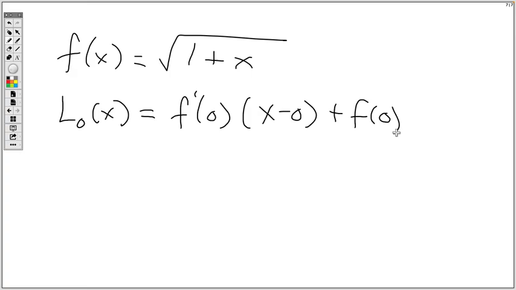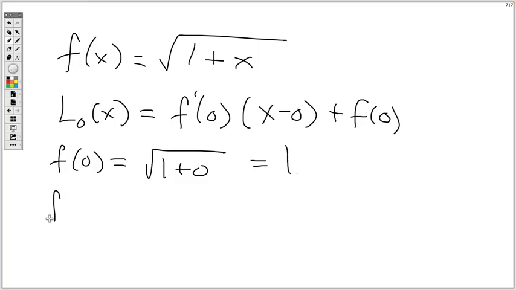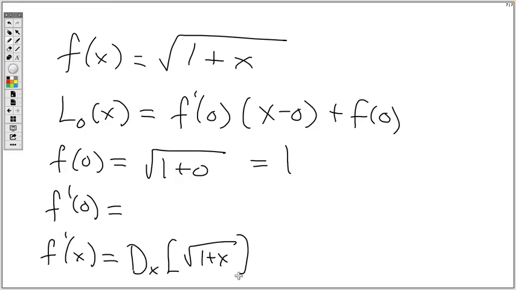And so we're just going to construct this the same way we constructed the tangent line. So we're going to do our f of 0, plug in 0 for x, and we get what? 1. Now to get f prime of 0, I need f prime of x. So I need the derivative of the square root of 1 plus x. And how are we going to take the derivative of that?